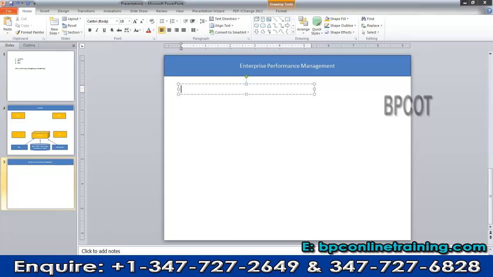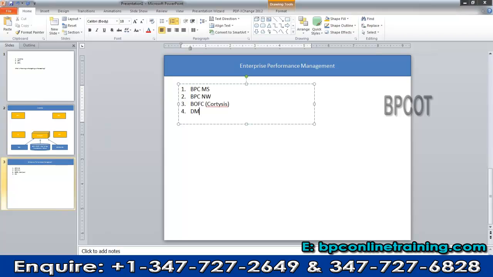Some of the tools, if I name them: BPC MS Microsoft version, BPC NetWeaver version, BOFC Business Objects Financial Consolidation. It's also called Cartesis; prior to BOFC, we used to call it Cartesis.